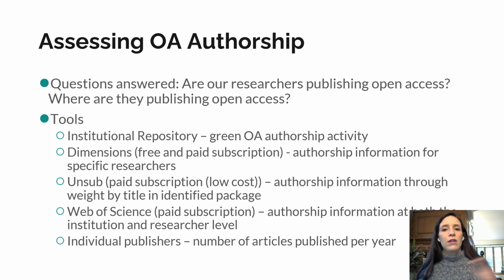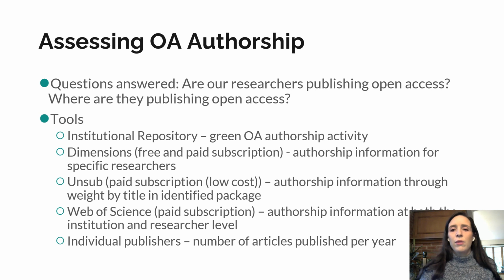This is great to see the green OA authorship activity where our researchers can freely deposit their work, or we can also see patterns of which publishers at least support the deposit of preprints or that gray scholarship.